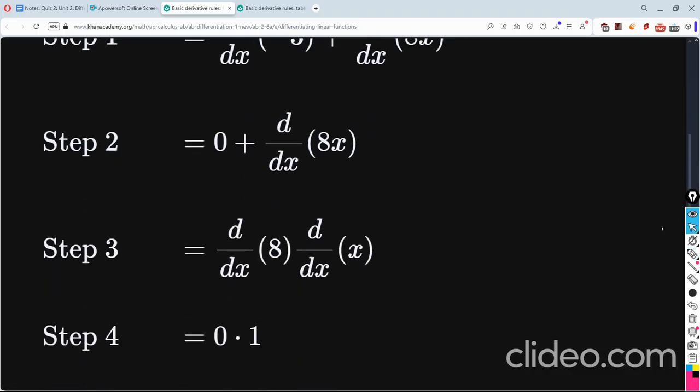And now the derivative of 8x was broken up into 8 times x, and that wound up being 0 times 1. That is incorrect. We know from the power rule, the derivative of 8x, the exponent on the x is a 1.